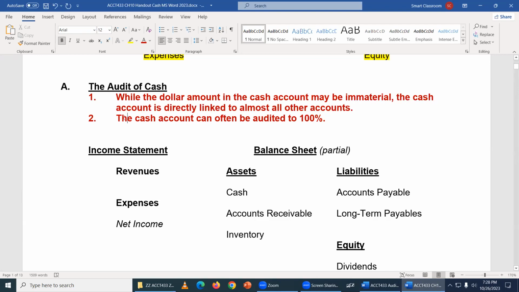This is not usually the case with other things, but with the cash account you can get bank statements, look at the petty cash and everything else. You can get 100% of it, which there's a lot of accounts you can't.